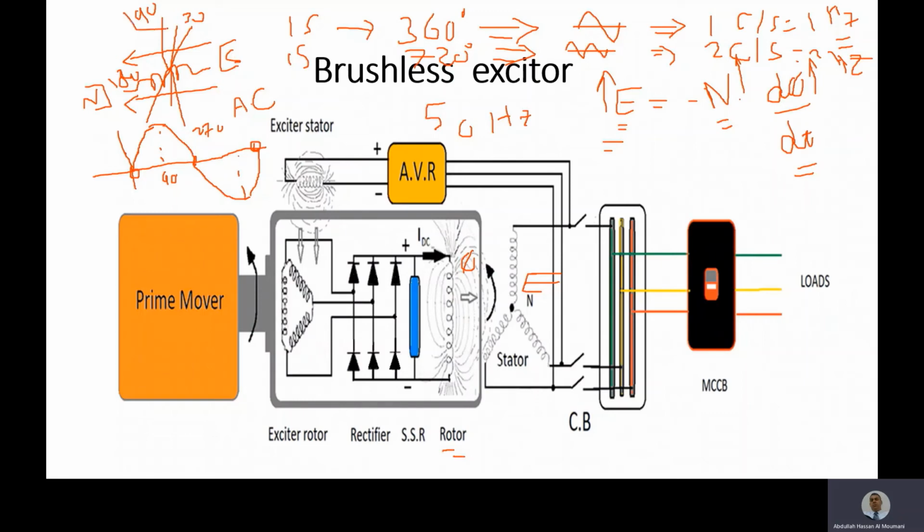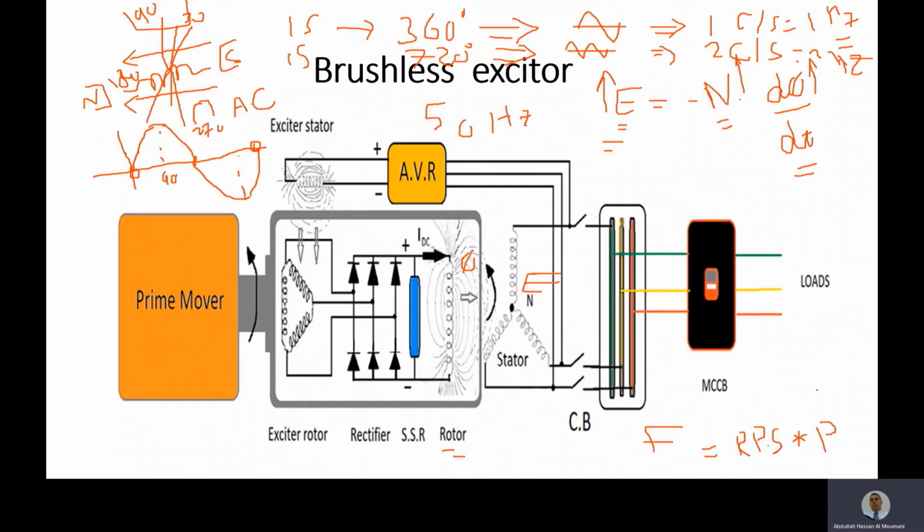But if I have another pair of poles like this here, okay, in every revolution I will get 2 cycles. So the frequency will be equal to the revolutions per second multiplied by P, which is the number of pairs of poles.